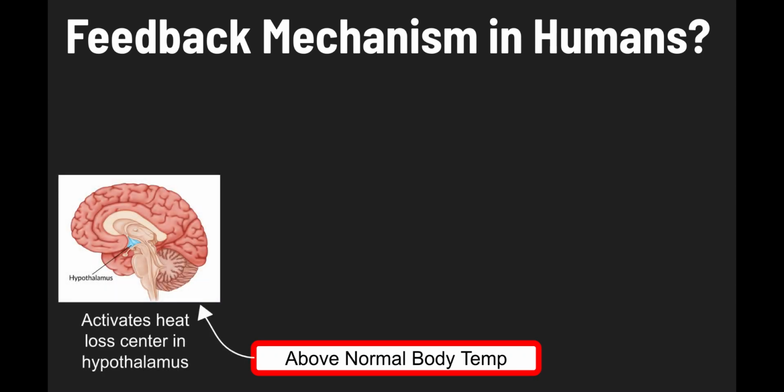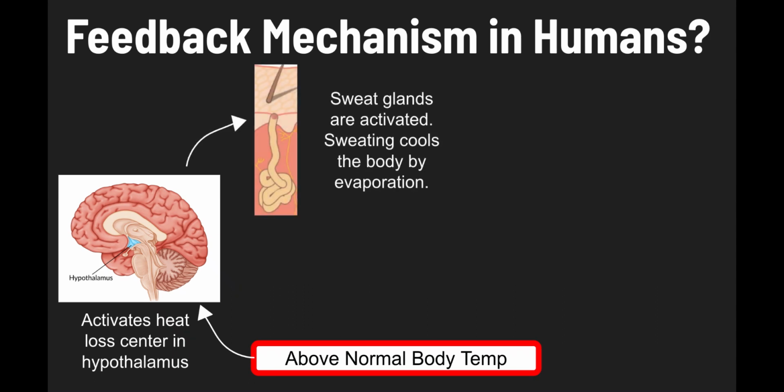Well, the first thing is your raised body temperature activates a heat loss center in your hypothalamus. That's this blue portion of your brain that I've got highlighted here. So if you're running a temperature, that high temperature activates a heat loss center in the hypothalamus.